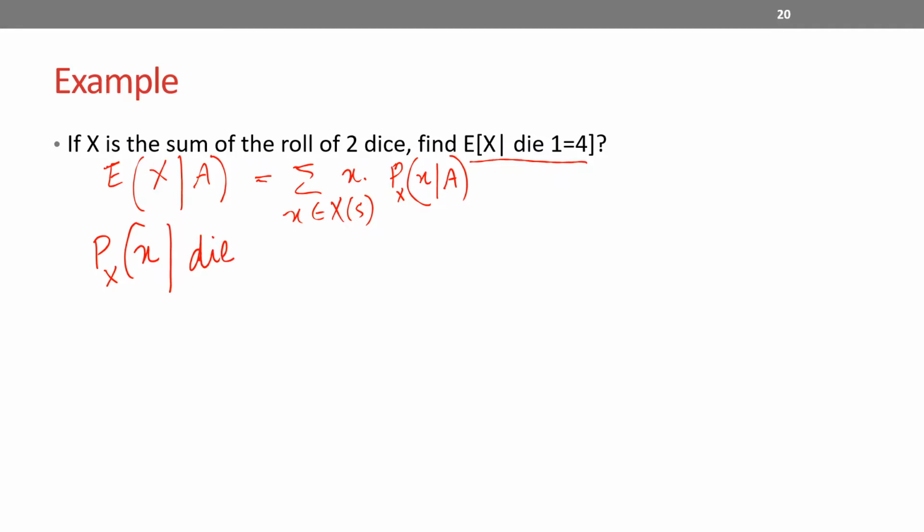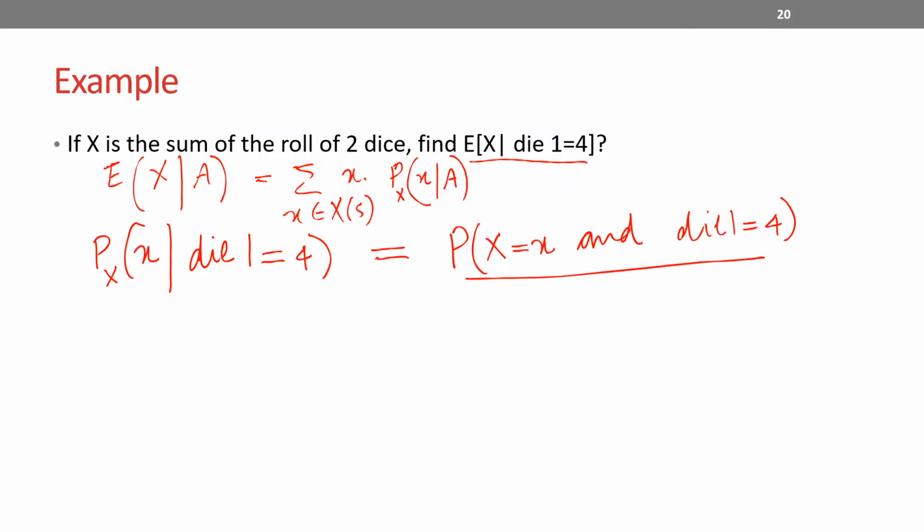Probability of X, given die 1 is 4. Right? From our definition of conditional probability, I know that I can calculate this by finding the probability of X equals x and die 1 is 4, over the total probability of die 1 being 4. Both are fair dice, right? So that's an assumption here.